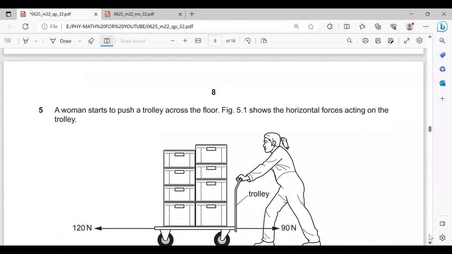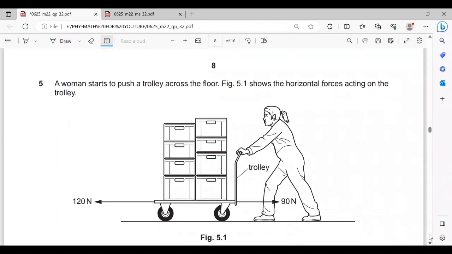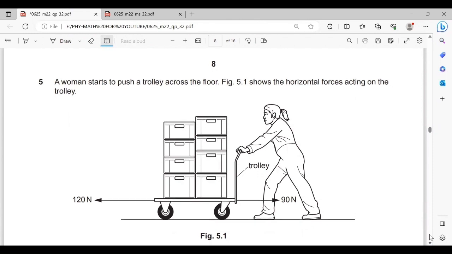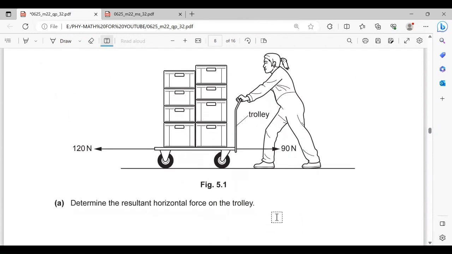Next, number five. A woman starts to push a trolley across the floor. Figure 5.1 shows the horizontal forces acting on the trolley. So determine the resultant horizontal force on the trolley.